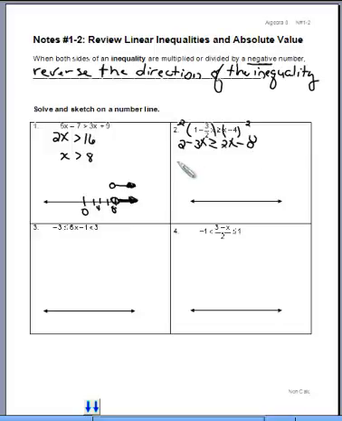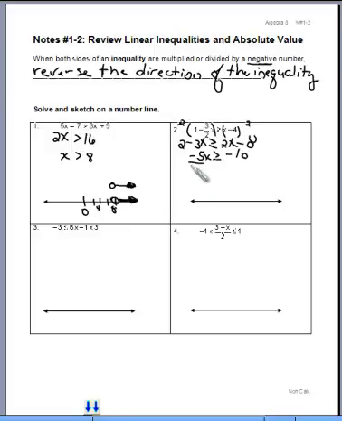Okay. Now I'm going to purposefully make a negative x. So I'm going to subtract 2x from both sides, and that will give me 2 minus 5x, negative 5x over here. And I'm going to subtract 2 from both sides, so that's going to be negative 5x is greater than negative 8 minus 2, or negative 10.